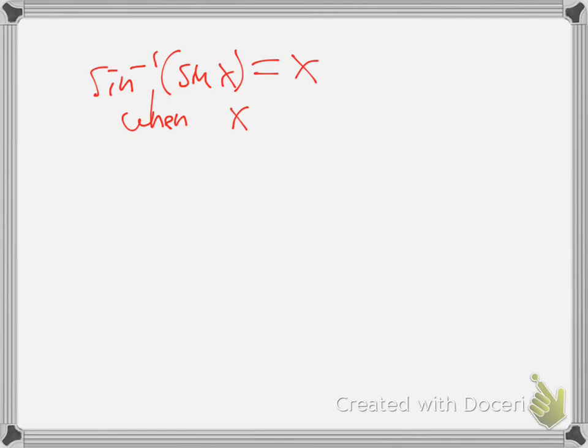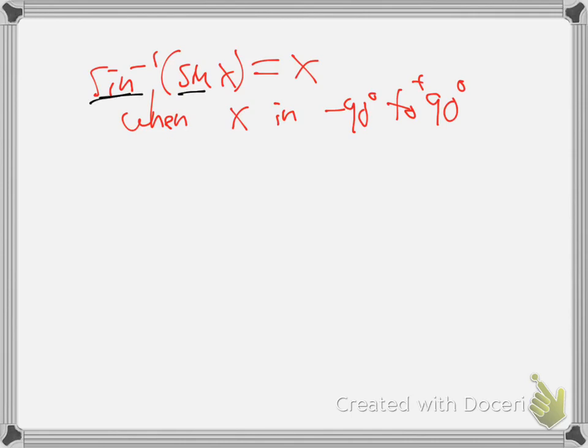Let's say a couple more words about the zone. Sine inverse of sine of x equals x when x is in the negative 90 to positive 90 zone, as I just said. Now, careful. Watch this trick, which they're going to pull on you.